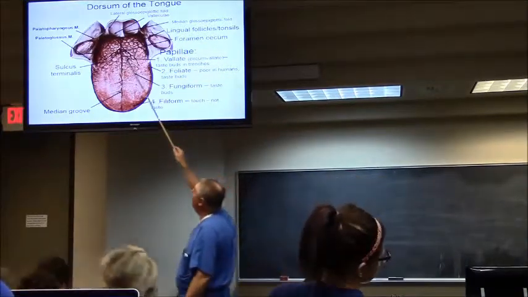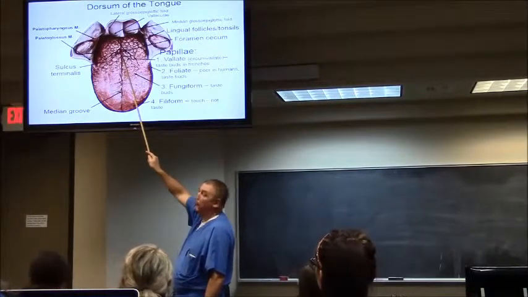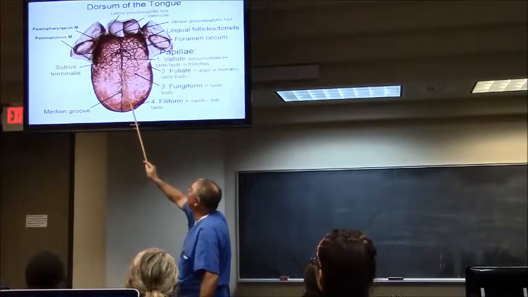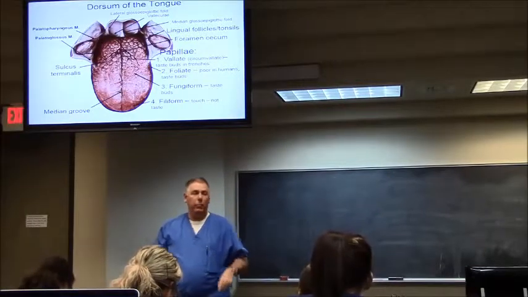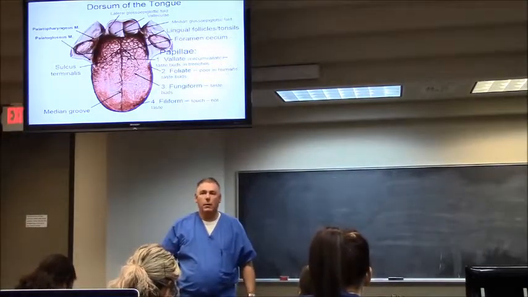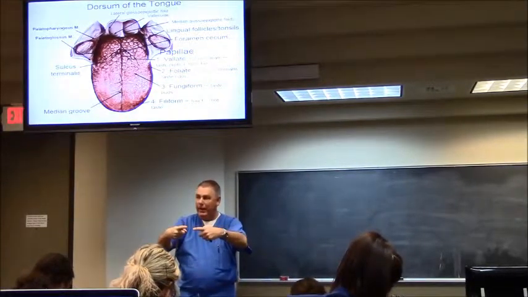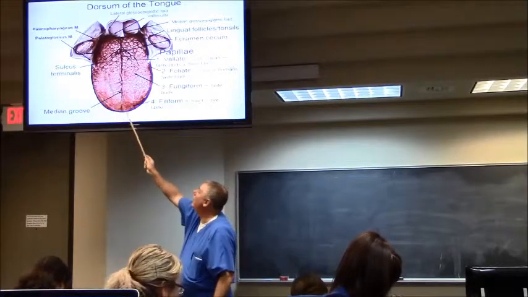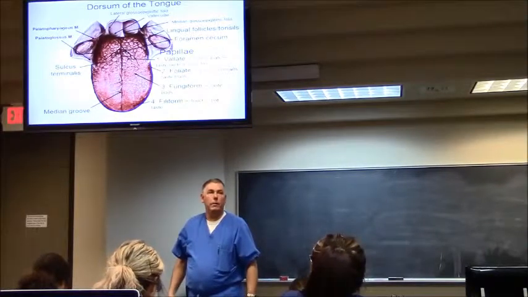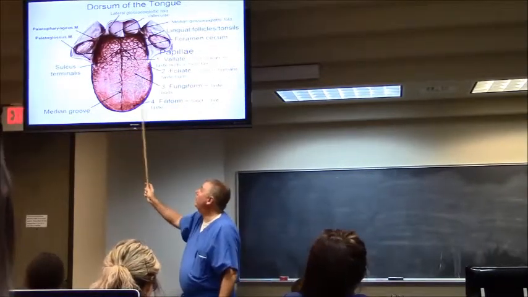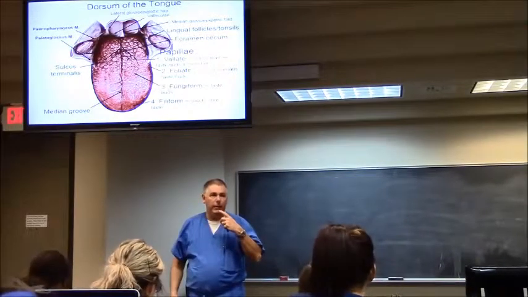You follow those V's to the back, and there's a pit right here. That pit is called the foramen cecum. That's where your thyroid started. The foramen cecum is at the point of the V, in the vallate papillae. Now, out in this part of the tongue, when you dry it off, these things stick up, and they're very rough.